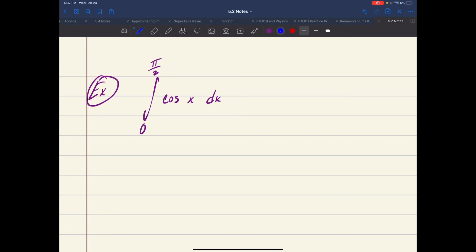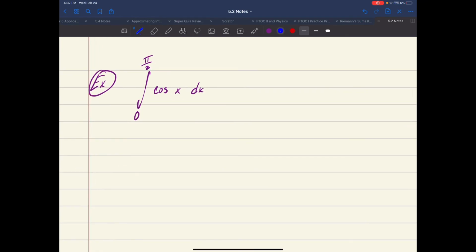All right, so we have a trig function. We've done most of these types of problems already when we were doing indefinite integrals. So hopefully this is easier. We're just evaluating now. This one will be sine, because we take the derivative of sine and we get cosine. We're going to evaluate that from 0 to pi over 2.